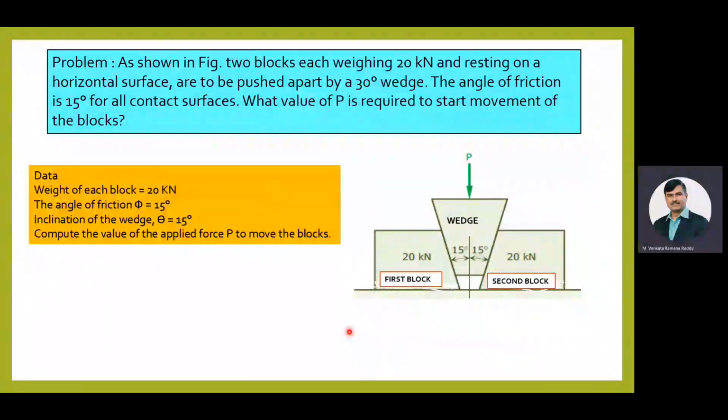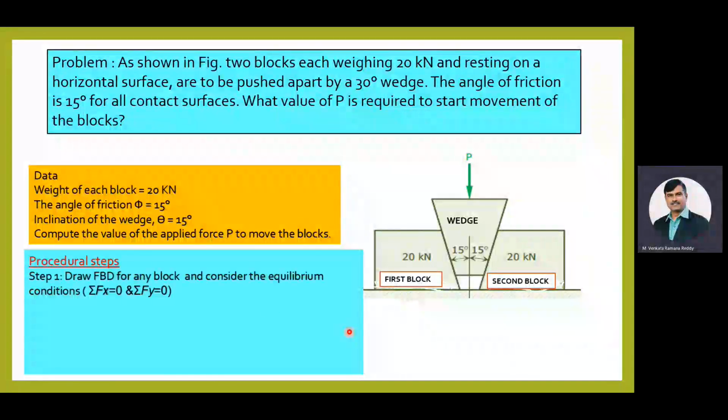The following procedural steps are considered for solving the given problem. The first step is drawing the free body diagram for any block and considering the equilibrium conditions, say summation of the horizontal forces is equal to 0 and summation of the vertical forces is equal to 0.